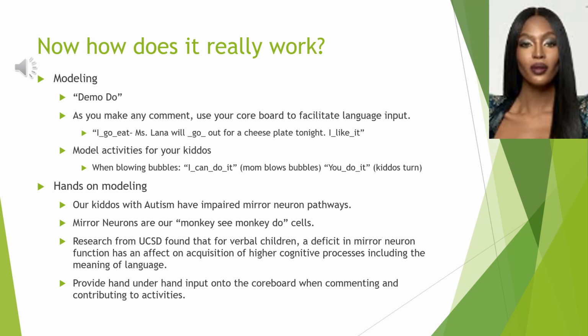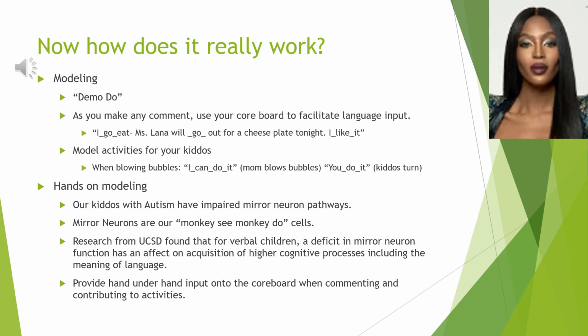So that hallmark of autism, having a deficit in mirror neuron function, okay, if we want to be responsive to that for our kiddos, we have to provide more. More is more. More modeling. More accessing language the way that we expect them to access language.